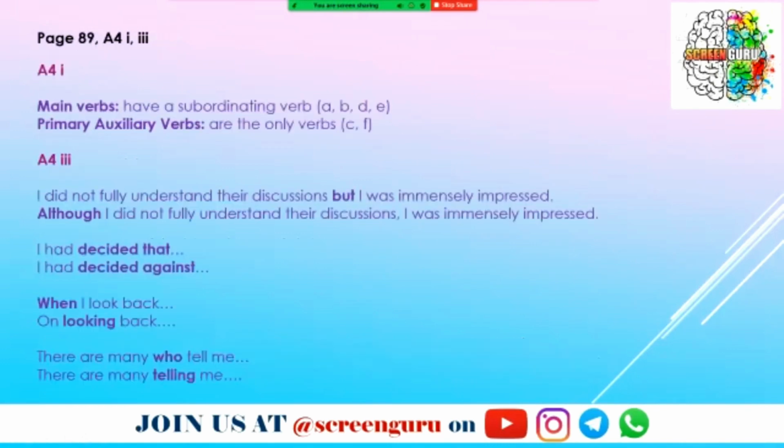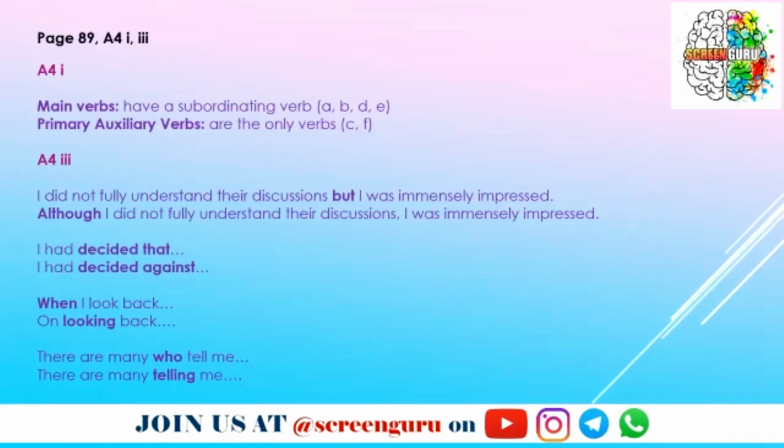Next, we go to page number 89. On the grammar exercise that they are talking about, they mention primary auxiliary verbs and main verbs. Simply put, there is a main verb in a sentence when it is followed by a subordinating word. If you remember, non-finite verbs always need a finite verb before them in order to make sense.